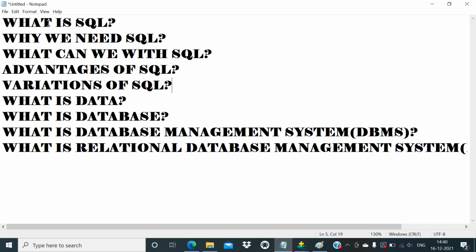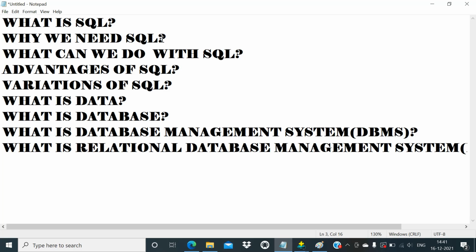Especially while using SQL, we can get our outputs very quickly and accurately. That will be discussed in the advantages of SQL. With SQL, we can manipulate, we can create, we can update. There are different operations which can be performed that we will discuss in our further tutorials, further videos. So what can we do with SQL?